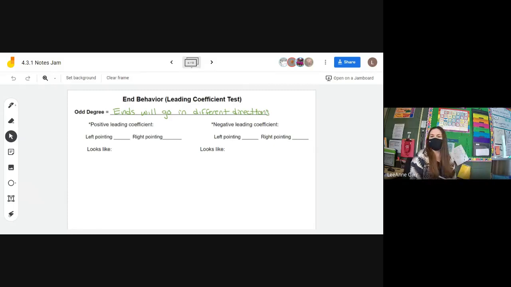Before, when we had even degrees, they were either both pointing up or both pointing down. If they're odd, they're flip-flopped, and I like to call this the squiggle function. That is not its proper term at all, but we're going to have this weird squiggly shape going on. Again, if you're on the Jamboard, we're on frame 6.